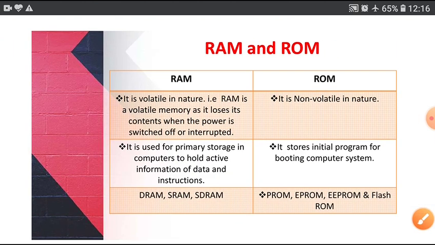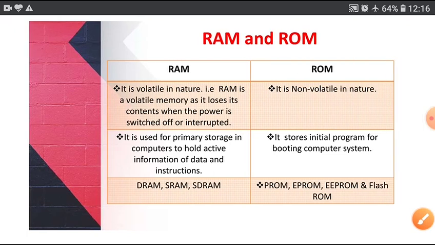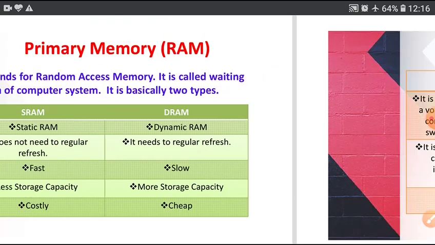Next, now RAM and ROM. RAM is volatile in nature. RAM is a volatile memory as it loses its contents when the power is switched off or interrupted.